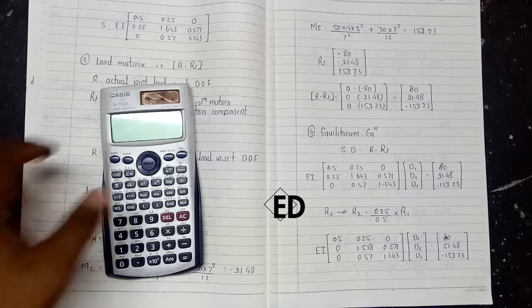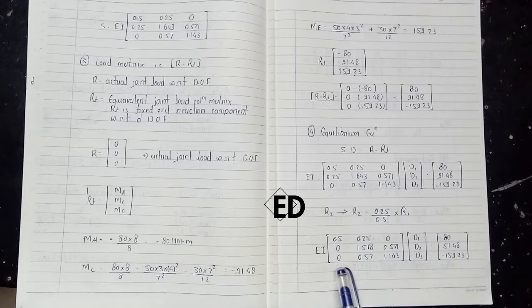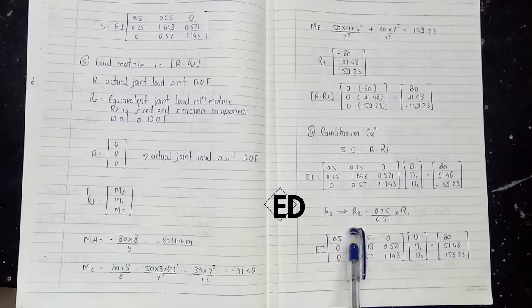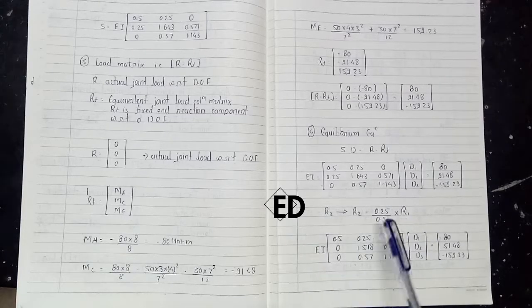So it is nothing but the row operations. Here I do R2 replaced with R2 minus 0.25 by 0.5 into R1, and I get this matrix.